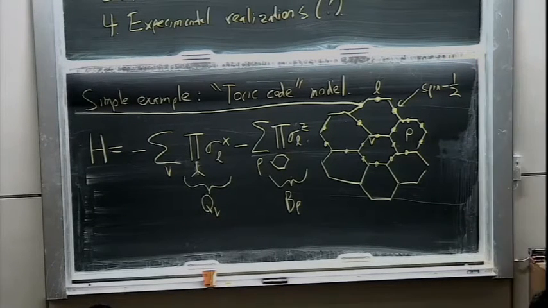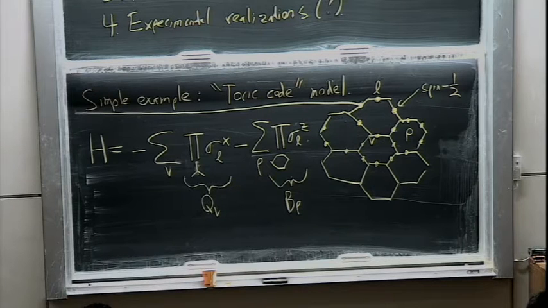Now let me just very quickly remind you why we can solve it exactly. So of course, the reason we can solve it exactly is every term in the Hamiltonian commutes with every other term. And that's going to be the case for all the models that I'm going to write down. So in particular here, QV commutes with QV prime. QV commutes with BP.